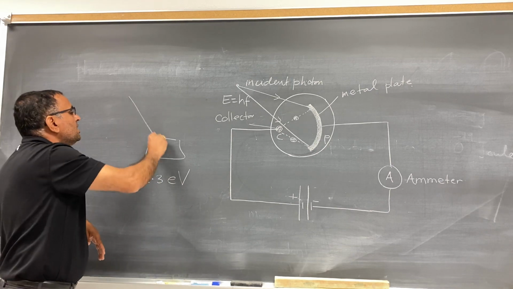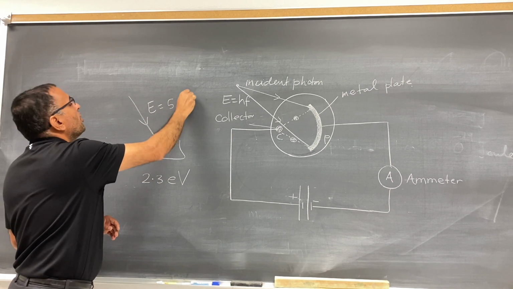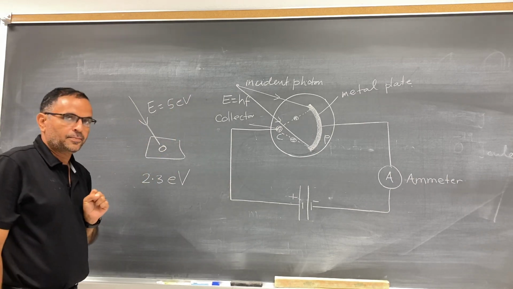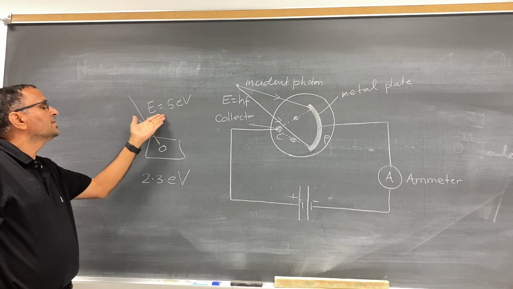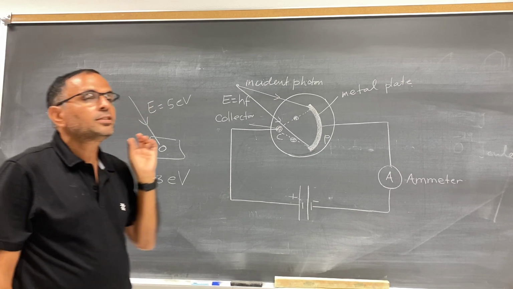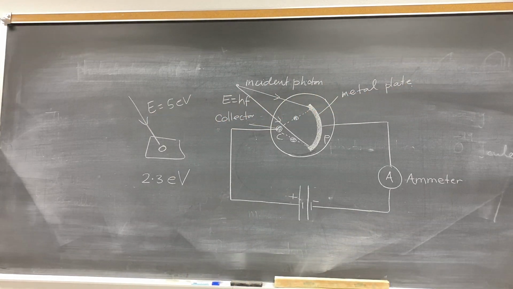But if the incident photon has energy like 5 electron volt, for example, I randomly chose the number, this is not my experimental data. Let us suppose the incident radiation has energy 5 electron volt, but to knock out the electron from the metal surface you need only 2.3 electron volt energy.